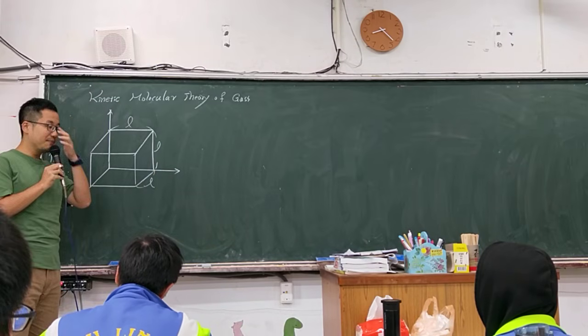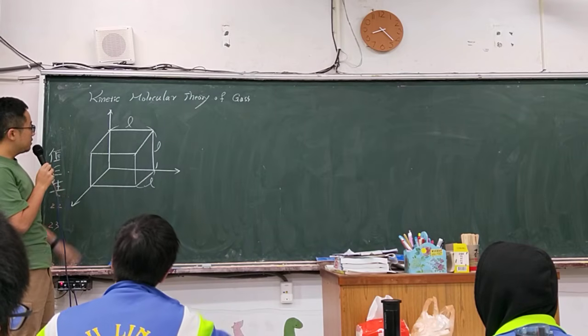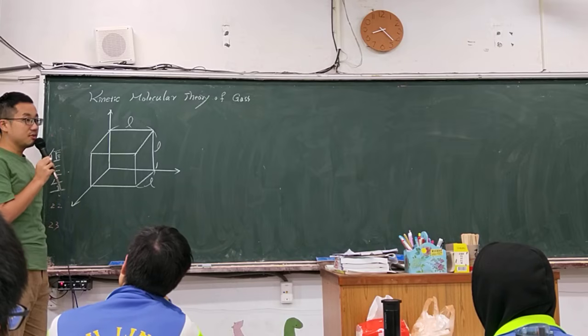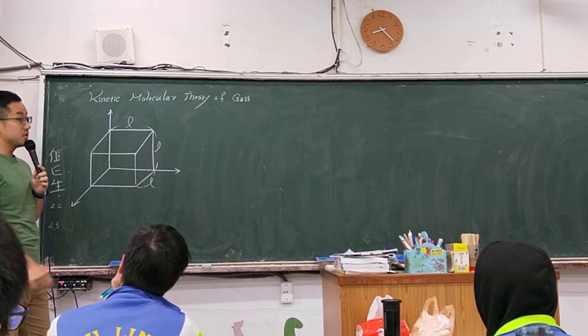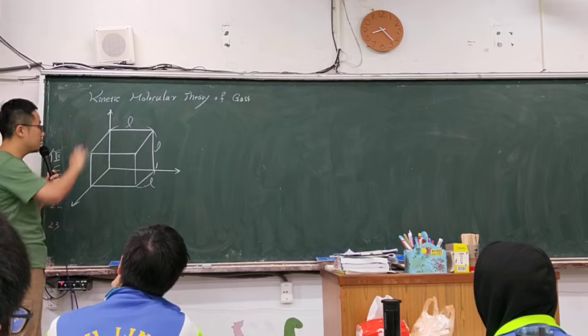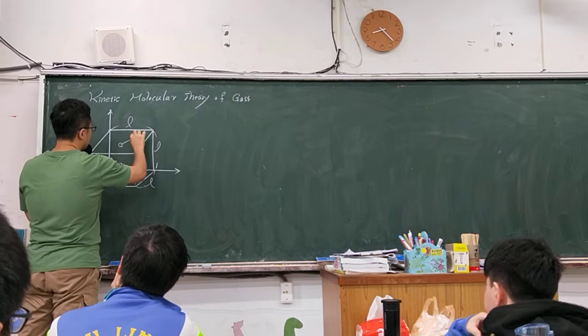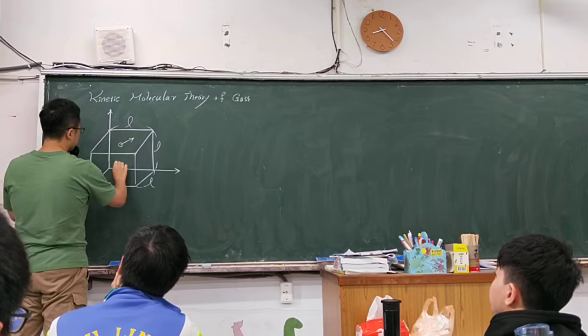I need to make a claim. The claim is that the molecules inside this container, you get a huge amount. There are thousands of molecules inside this container, flying around inside it, and you don't know which direction would be more preferred.